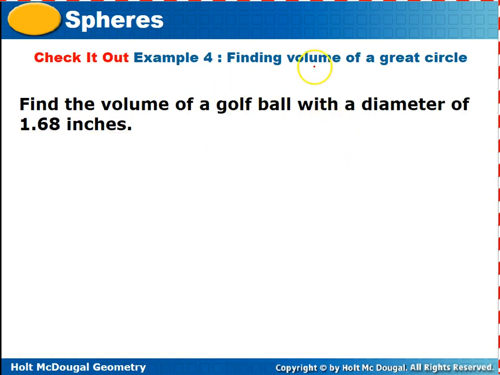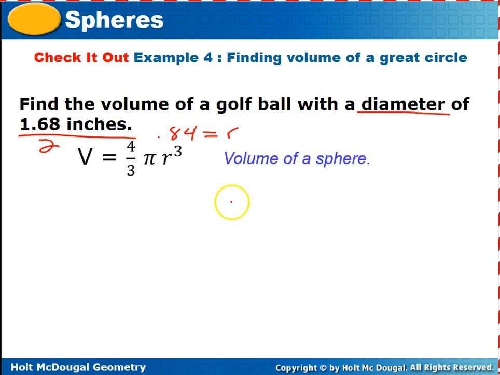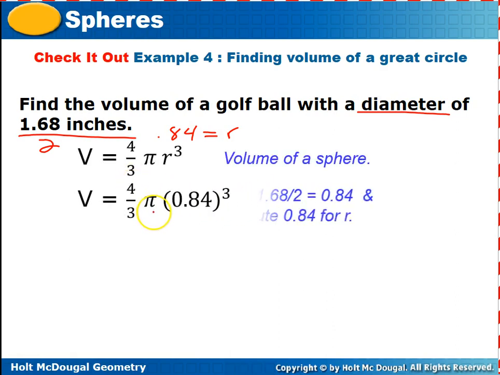So our next problem says find the volume of a golf ball with a diameter of 1.68. So again, we're given diameter, so we have to find the radius. So we're going to divide that diameter, 1.68, by 2. That's going to give us 0.84 for the radius. We're going to cube that radius, multiply it by 4, and then divide it by 3.